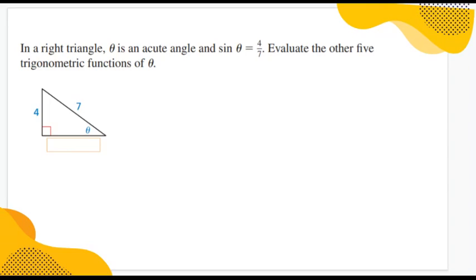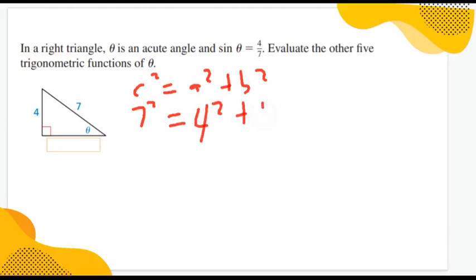Again, we will apply our Pythagorean theorem, c squared is equal to a squared plus b squared. The given c, or hypotenuse, is 7. So we get 7 squared is equal to 4 squared plus b squared. We will find the value of our adjacent.